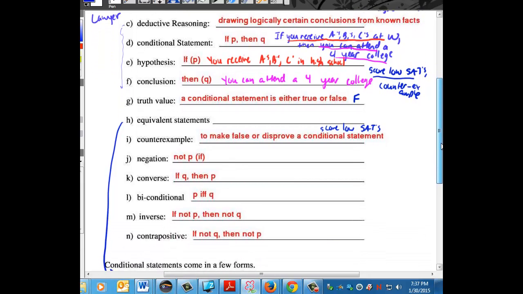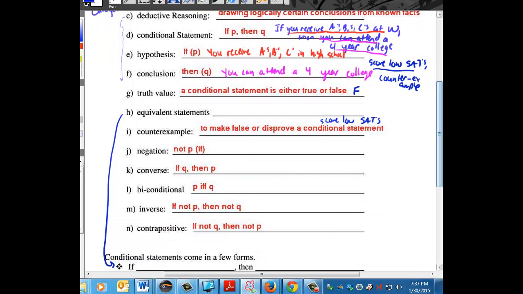Alright, next. The term converse. This is a very important term. I'm going to put a star by it. And what it says is if Q, then P. So what happened here is we flipped our hypothesis with our conclusion. So let's do that.